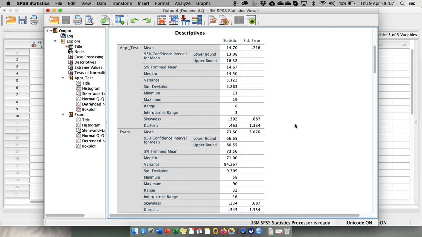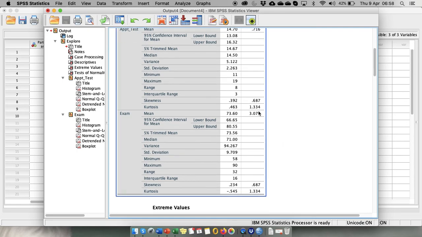The 1.96 is used when your sample size is small, less than 50 participants. Then we have the same values for our examination scores.